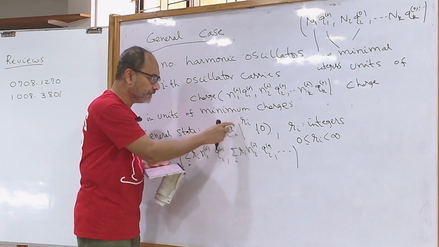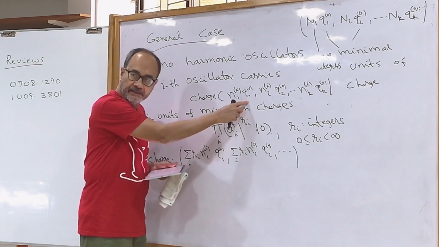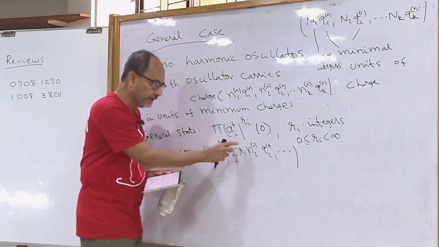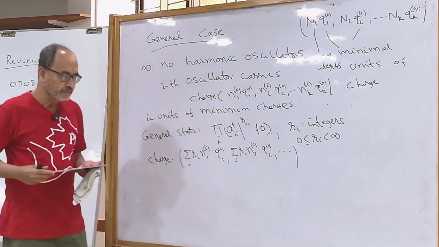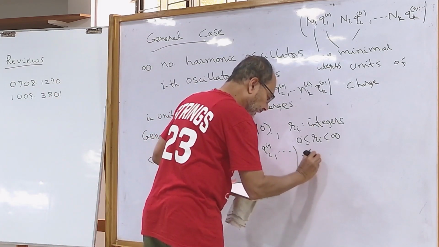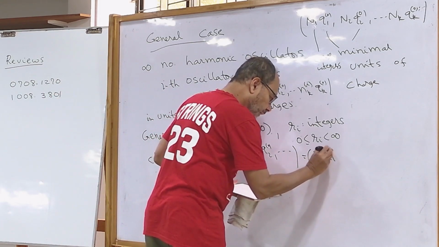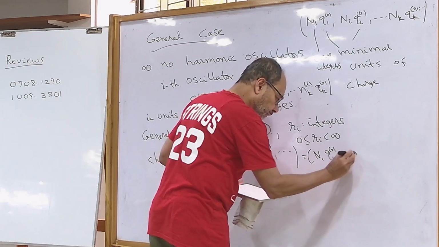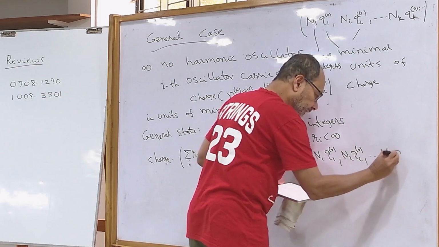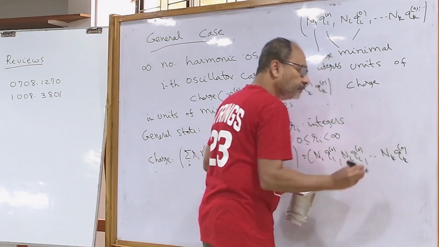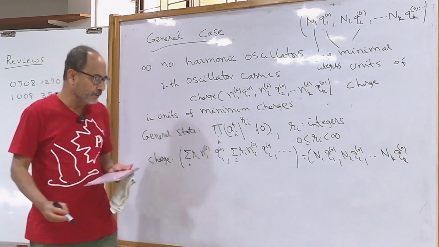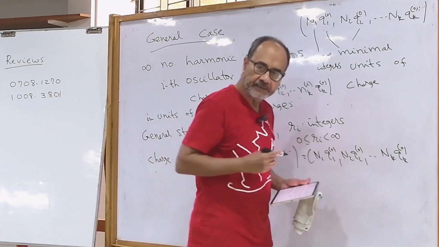If you apply it ri times, it will carry ri times this much charge, right? And then you have to sum over i. And you do this for every charge. And this you want to be equal to n1 q1 naught, n2 q2 naught, up to nk qk naught, because we are looking for a state that carries this much charge.